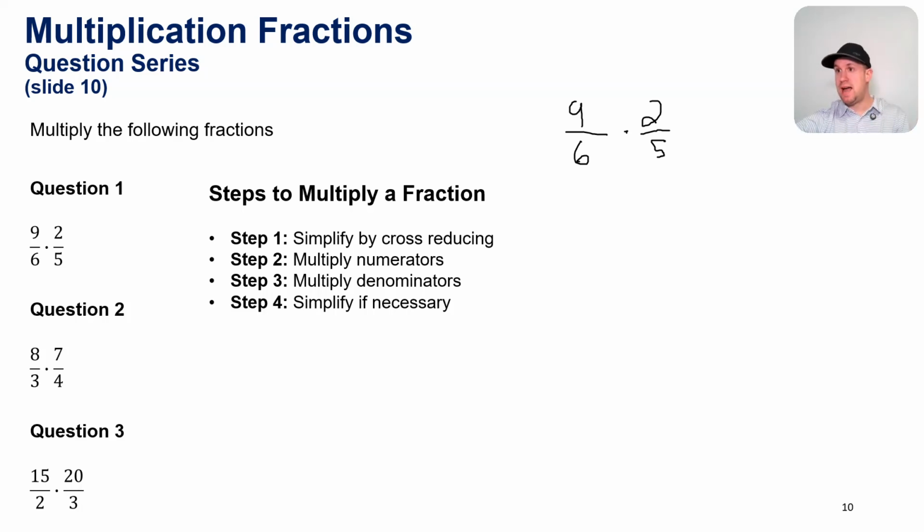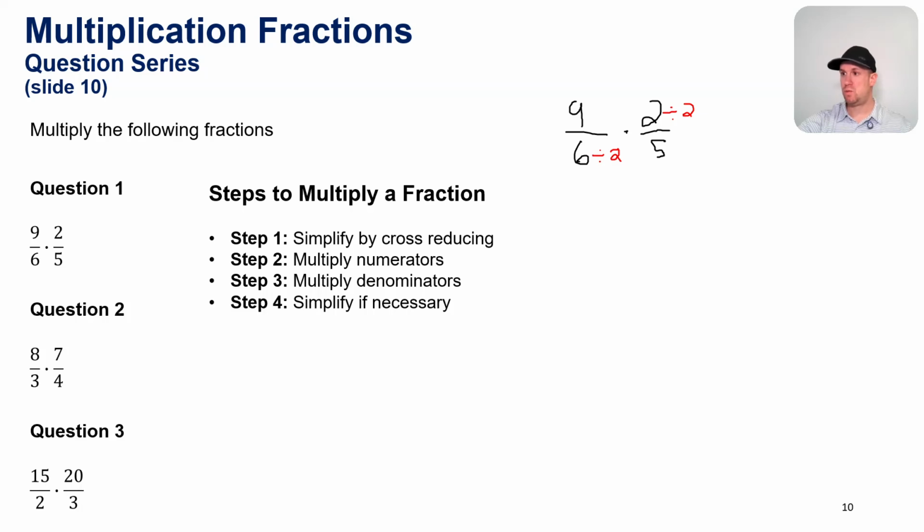So I'm going to look diagonally, crosswise, and see if there is a number that I can divide into both. So 9 and 5, there's not a common factor, right? The only factors of 9 are 1, 3, and 9. The only factors of 5 are 1 and 5. 2 and 6, though, can be. Common factor here is a 2. So I'm going to simplify the 2 by 2, so 2 divided by 2, and the 6 divided by 2.